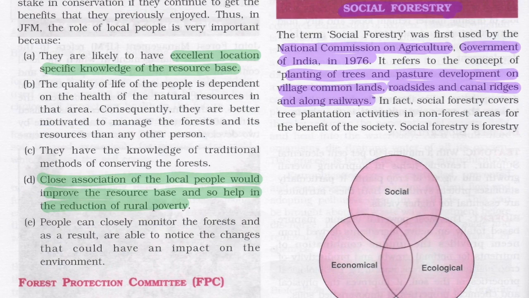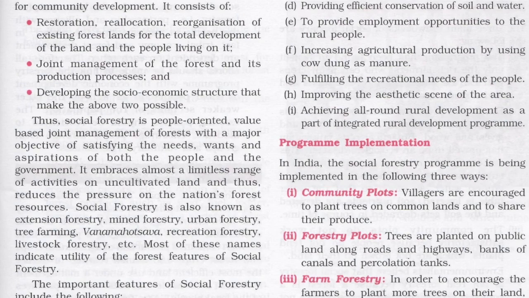Social forestry covers tree plantation activities in the non-forest areas for the benefit of the society. Social forestry is forestry for community development. It consists of restoration, reallocation and reorganization of existing forest lands and the overall development of land and the people living in it.